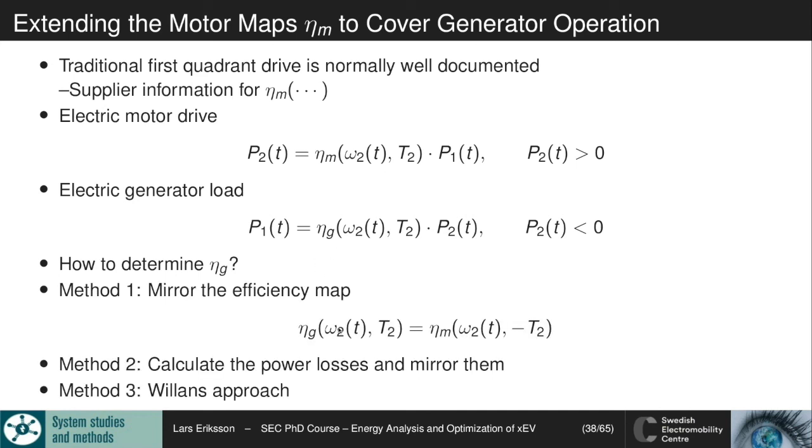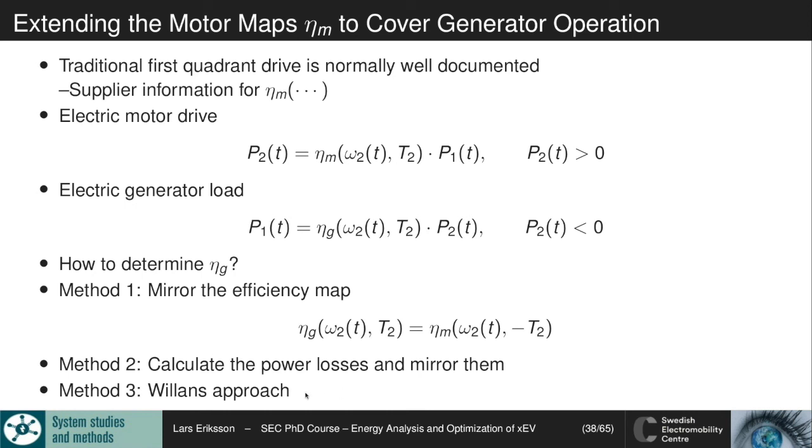One method is to mirror the efficiency map, but as I showed you, that might not be good enough. So we take the efficiency of the generator equal to the efficiency of the motor side, but with the negative torque, so we're just doing a mirroring. Or we calculate the power losses that give rise to the efficiency in the machine, and we mirror them onto the braking side.